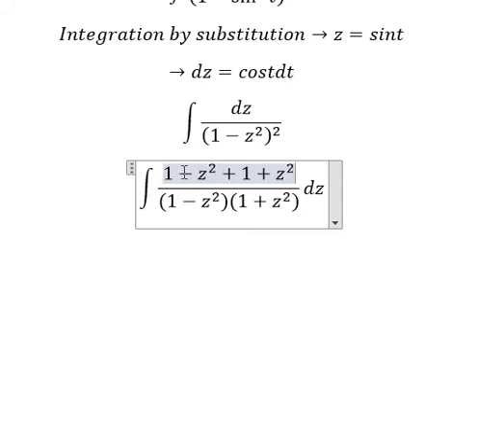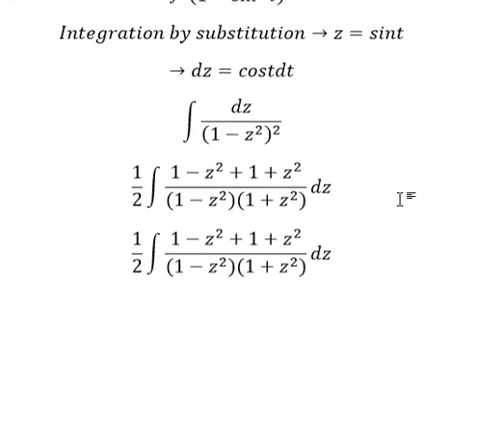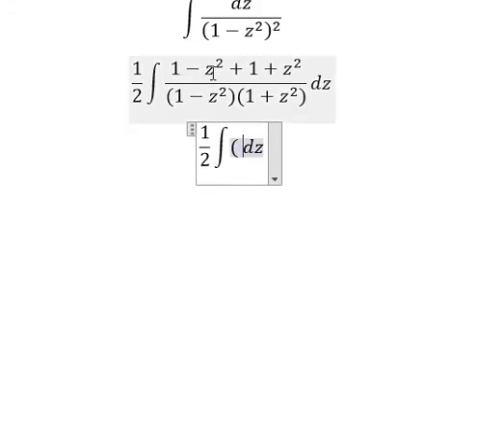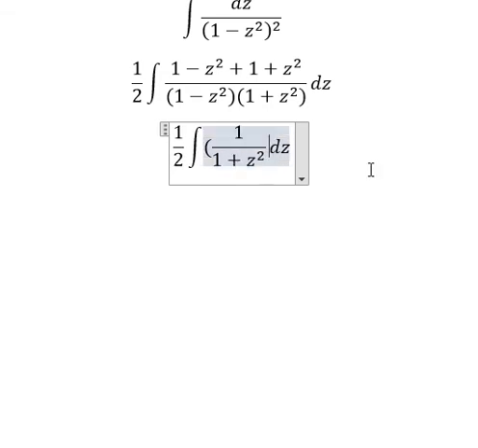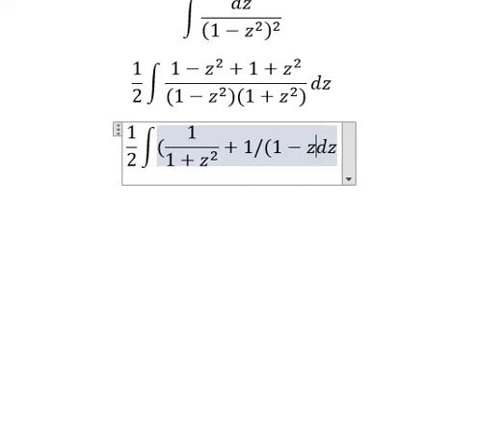We know that negative z to the power of 2 plus z to the power of 2, they will cancel together. 1 plus 1 is number 2, so we put 1 over 2 in here. 1 minus z to the power of 2 divide 1 minus z to the power of 2, you will get 1 over 1 plus z to the power of 2, and we get 1 over 1 minus z to the power of 2.